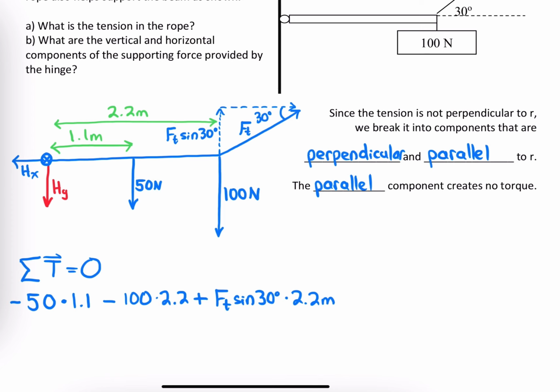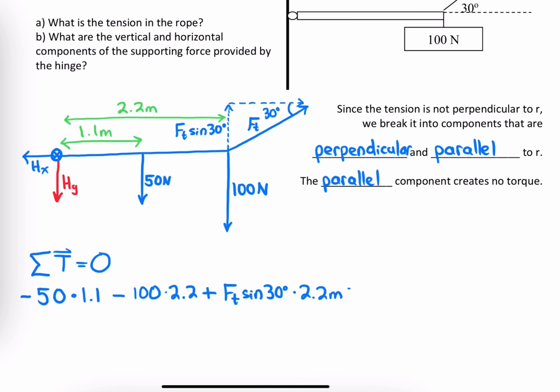Okay. So that is the sum of all my torques acting on this beam about that pivot point. And because it's in equilibrium, that needs to equal 0.